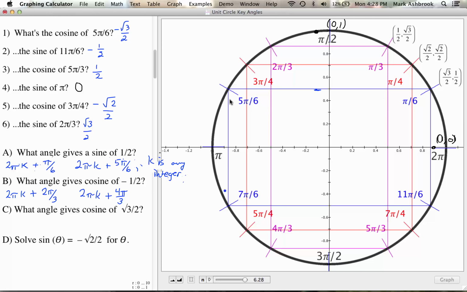So that then, knowing these coordinates, knowing these angles, allows you to write the sine and cosine of all 16 key angles on the circle.